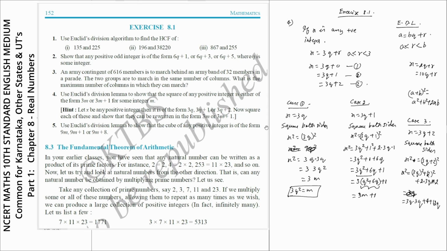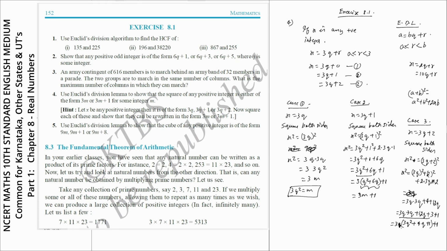Now I'll rearrange this. I'll write 3q into 3q plus 12q plus 3 plus 1. Now in the first 3 terms here I'll take 3 common. So the remaining is 3q square plus, if I take 3 common, I'll get here 4q, plus 1, this last one as it is.